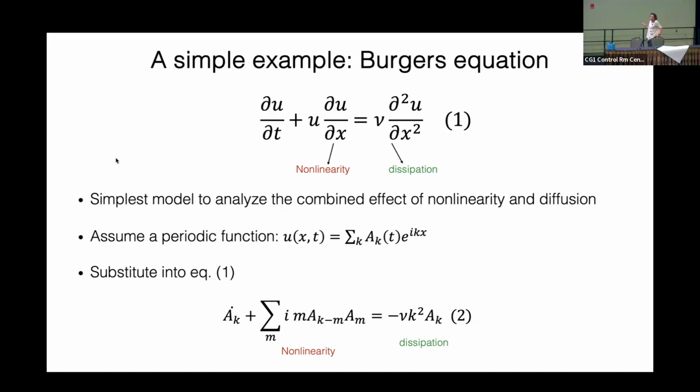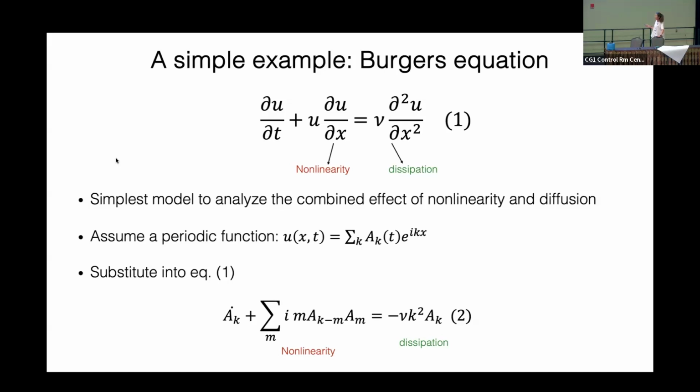Now let's assume that we have a periodic function for simplicity, and we can decompose it in Fourier series. So if you take this decomposition and you plug it into equation 1, you get equation 2, which is an evolution equation for the amplitude of the Fourier mode k.